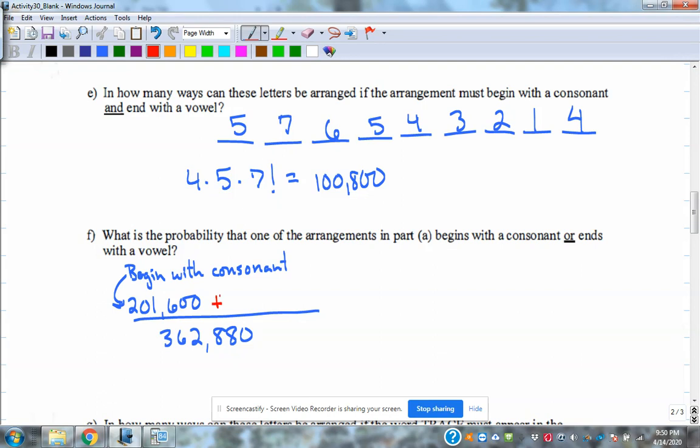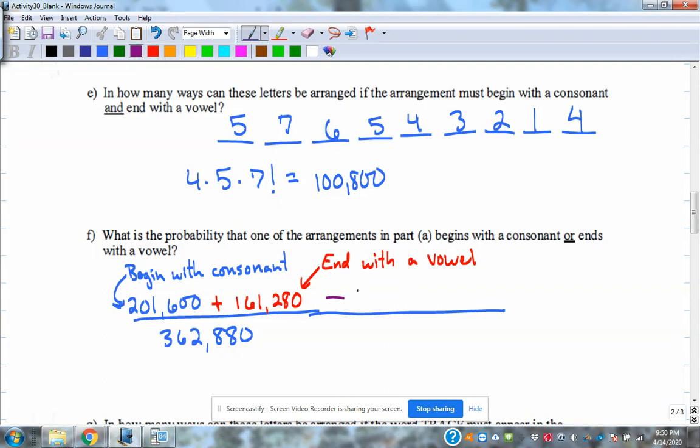Plus those that end with a vowel, which was 161,280. But then we've got to take into account those that do both of those things and make sure we don't count something more than once.